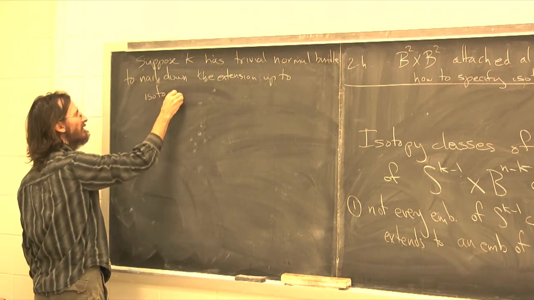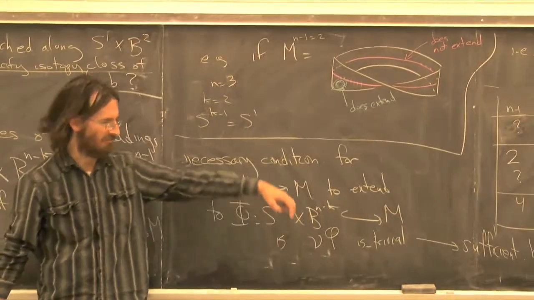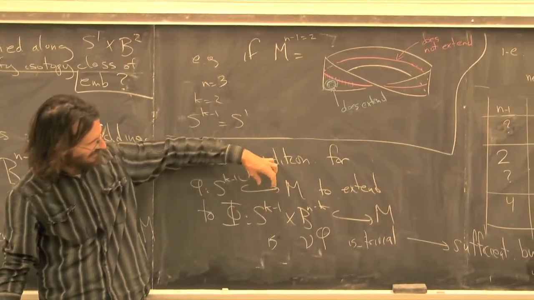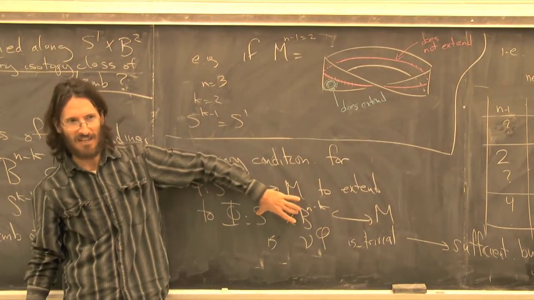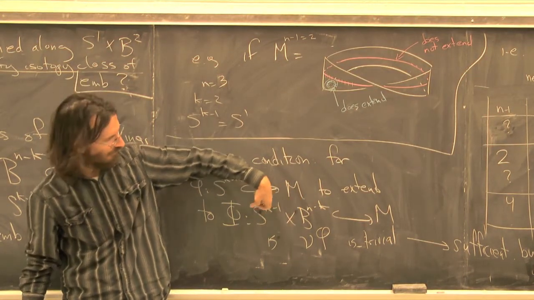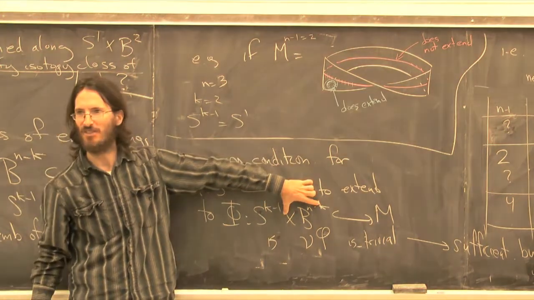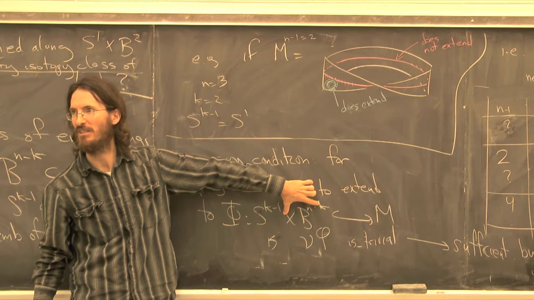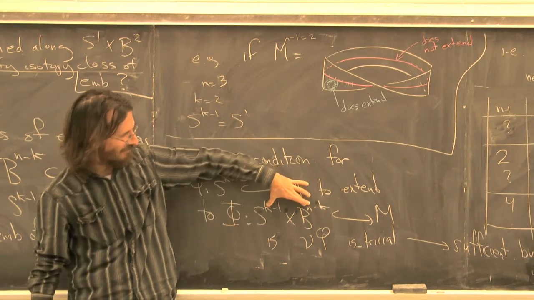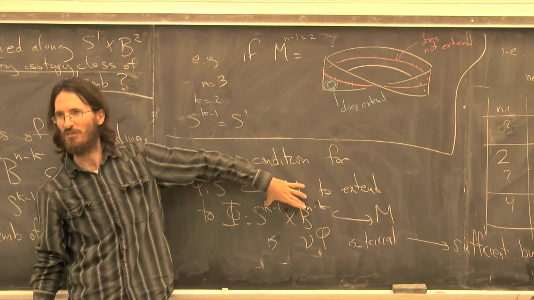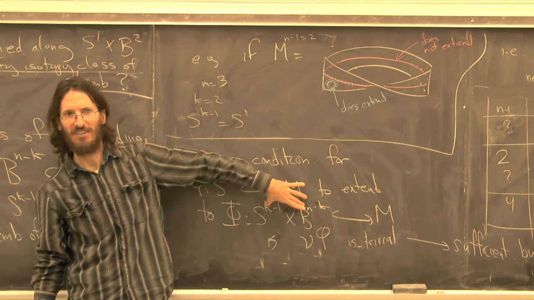Well, how do you see that this is a necessary condition? Capital Phi, S^(k-1) cross 0 inside capital Phi has a trivial normal bundle. The trivial normal bundle is precisely S^(k-1) cross the tangent space to these balls in these directions. But this S^(k-1) cross B^(n-k) has more than just a trivial normal bundle. It has a trivialized normal bundle.